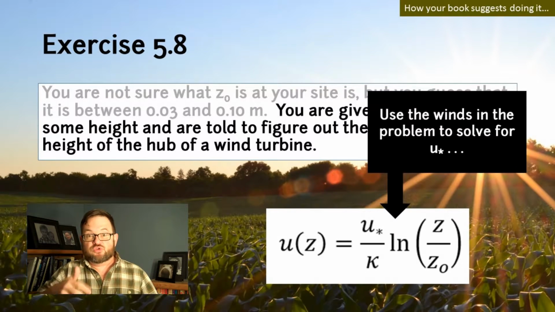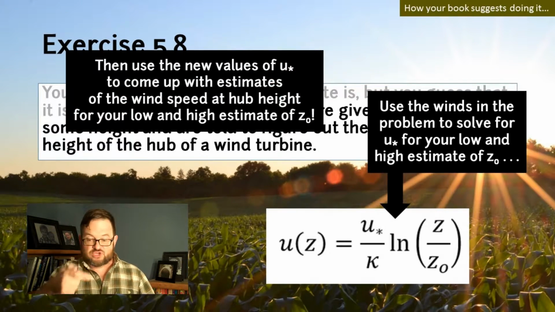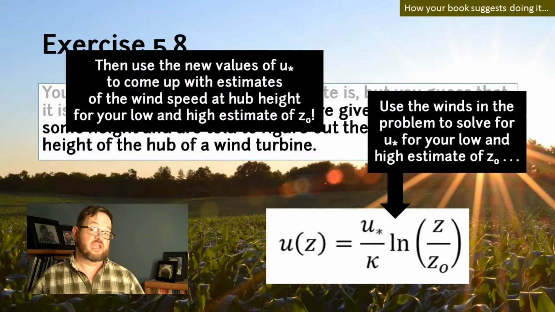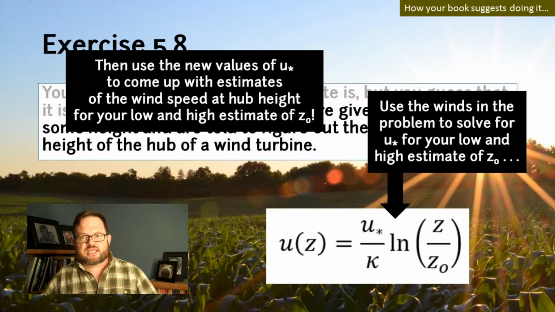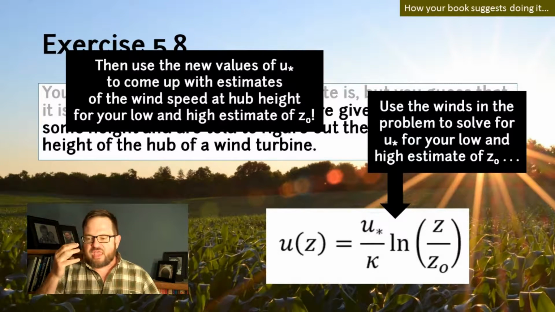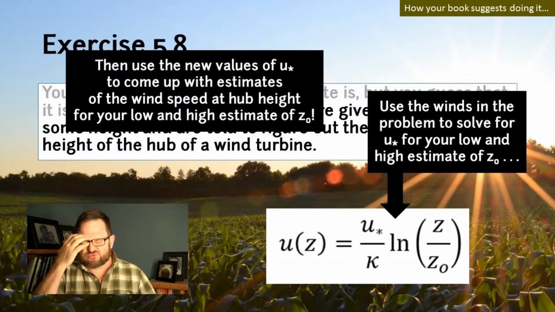Now you have U star and you have Z naught, you can come up with an estimate of the wind speed at 100 meters or whatever based on the log wind equation, and then do that same procedure again for the high estimate of the aerodynamic roughness length. And this is really clever.